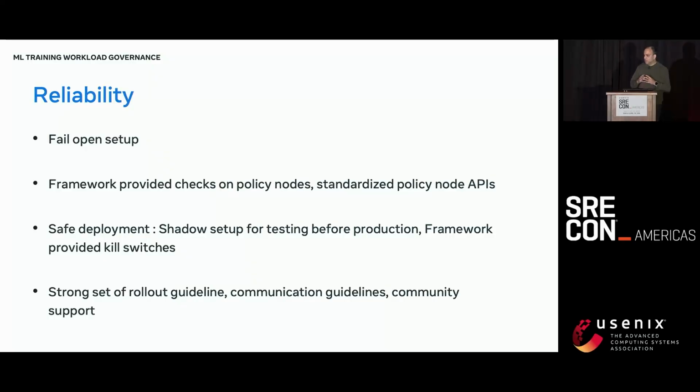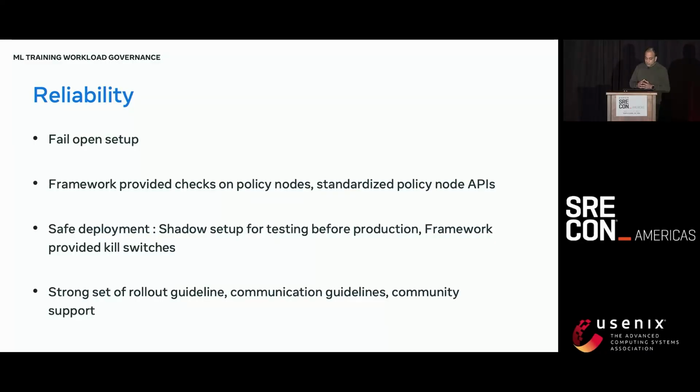We go into shadow mode, which is looking at what would happen if this policy was in place, and there is a process which can be multiple days where we observe what would happen if this policy goes into action. And if there is a problem, we basically make the changes. So we know upfront what the effect of the policy is going to be. And then if we are not able to detect something, we have framework-provided kill switches that are in our runbooks, and we can selectively bring the policies down.